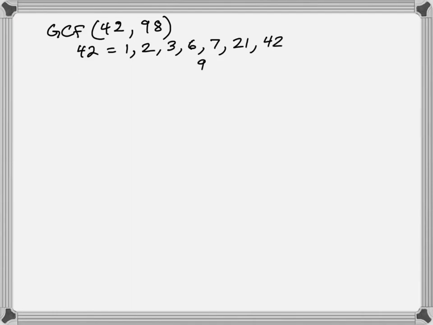Now we're going to practice a little bit more. Let's do the GCF of 42 and 98. We're going to write down the factors of 42: 1, 2, 3, 6, 7, 21, and 42. Then we're going to do the factors of 98.